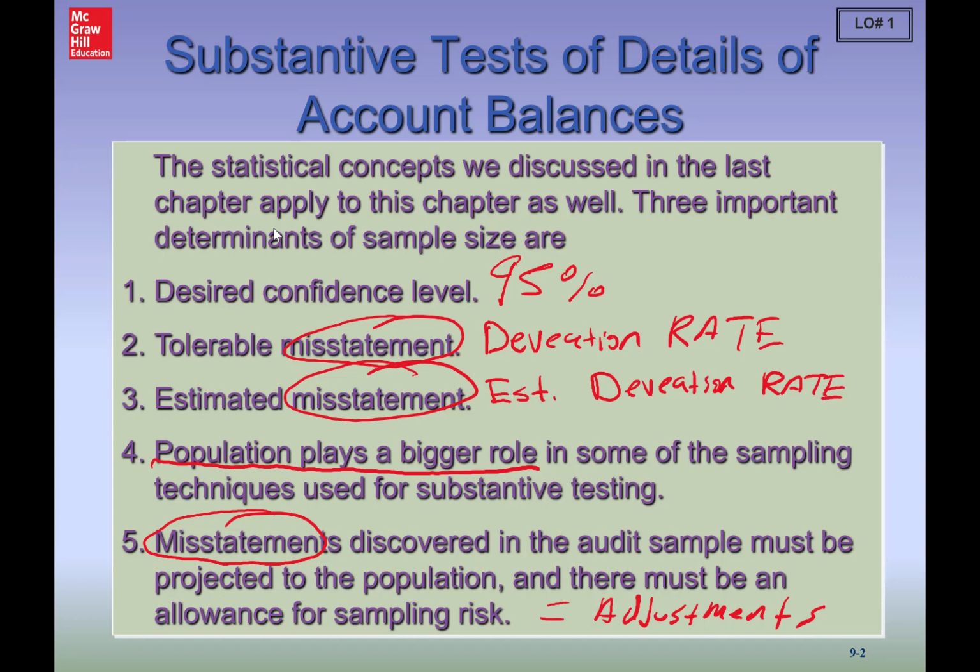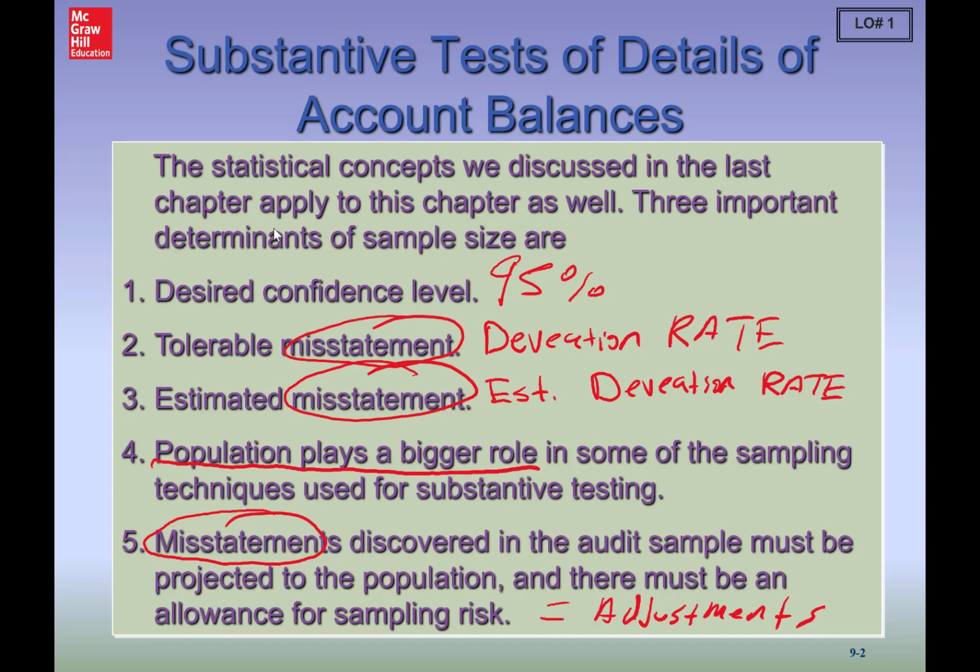We'd have tolerable misstatement. How much misstatement will we be able to accept in an account balance without determining it's materially misstated? And of course, that goes back to our concept of materiality. We talked about that at the end of chapter 3, if you remember. So say our materiality level is 10,000.